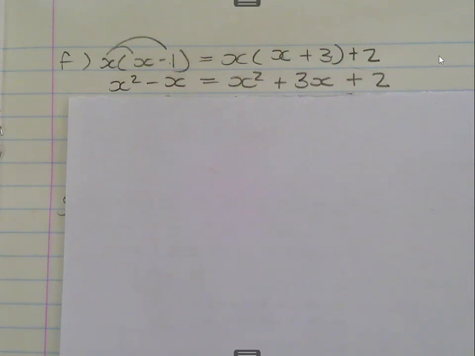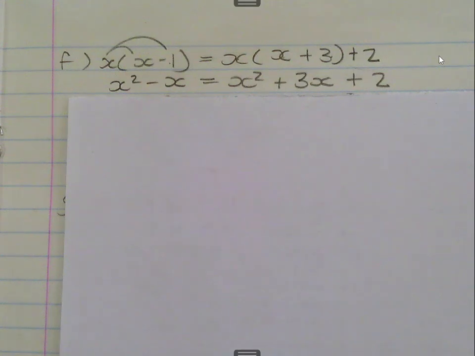Because we know we must get the x's on one side and the numbers on the other side. But I also hope that you guys realize that you cannot add an x to an x squared. No. They have to have the same variable and the same exponent. So you don't know actually what to do now. Do you agree with me? You have not really worked with x squareds.